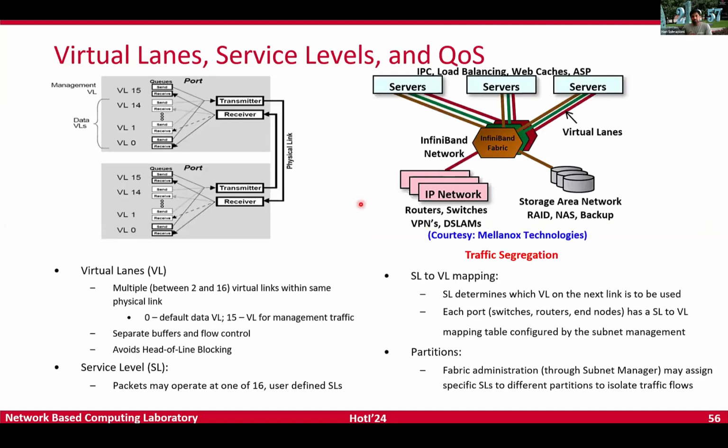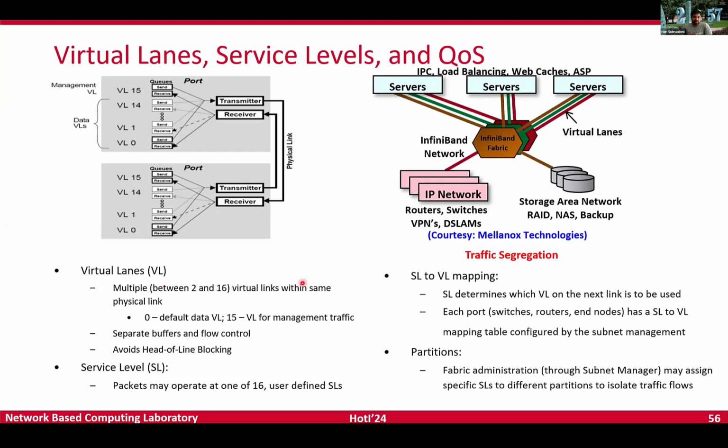If you look at virtual lanes, it is very important. The concept of virtual lanes, although we are describing it in a bit more detail for IB, the same concepts do exist for other high-performance networks like Omnipath, OPX, Slingshot, EFA, everything. So you have two concepts.